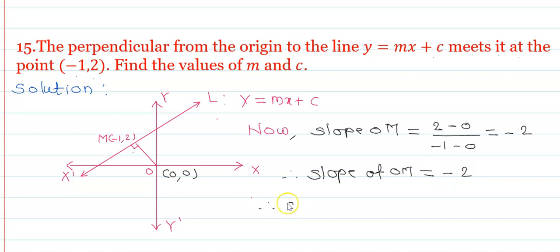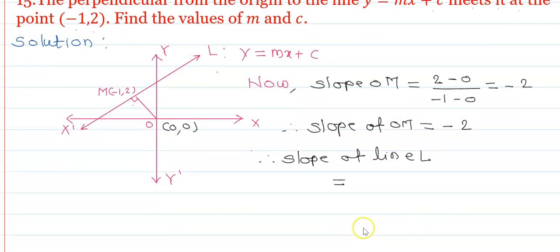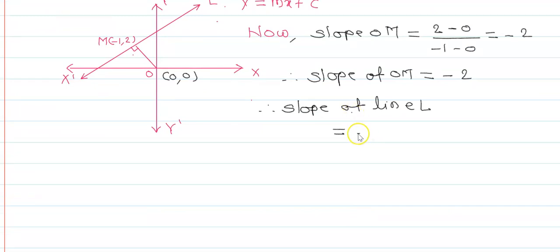Therefore, slope of line L is equal to minus 1 upon slope of OM. Okay.